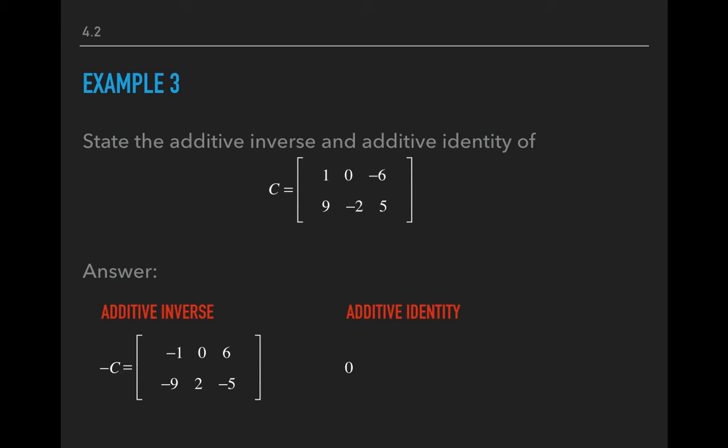Do you see how I'm adding corresponding elements in C and the opposite of C? If I do that, I'm going to get a matrix full of zeros. And it's going to be the same size as C and the opposite of C because it is what would be produced if I added those together. All right, that's all I have for that terminology.